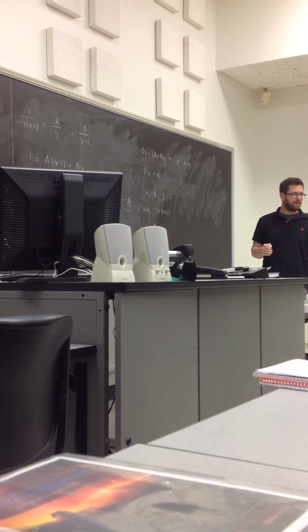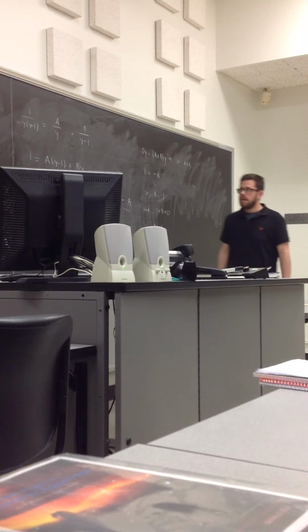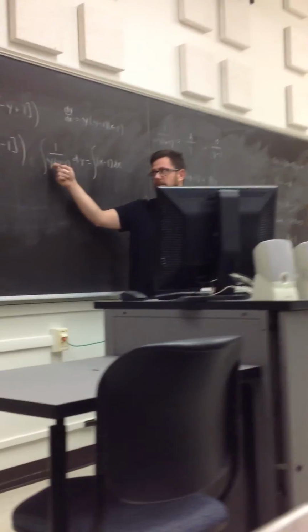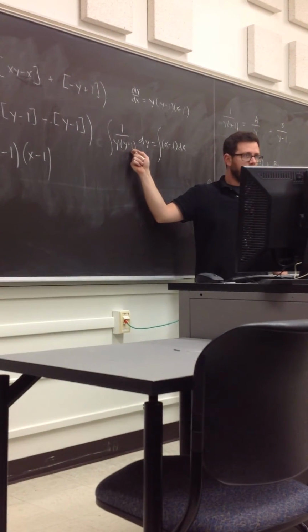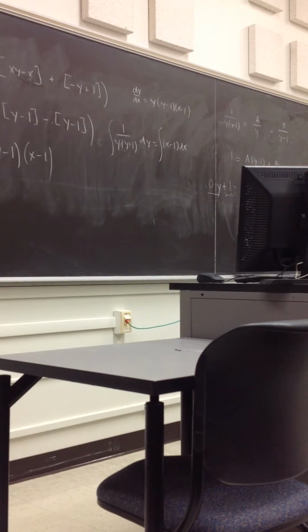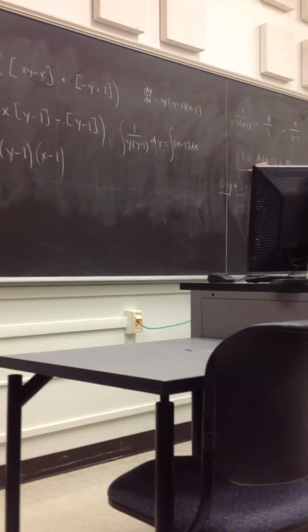There's actually an easier strategy that works, especially when every factor is distinct, so not like y times y minus 1 to the second power. If every factor is distinct, let's start back from here.